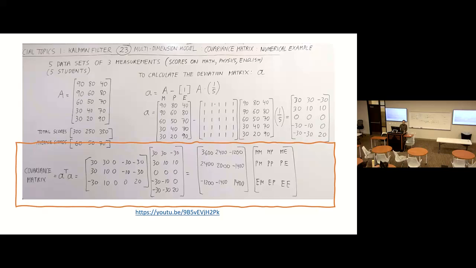So A is centralized because you subtract its mean in those steps. Then you transpose your matrix and do a dot product between elements. Then you get a covariance matrix. Very easy to compute. You have a data matrix, centralize it, and transpose and dot product by itself. Immediately you get a covariance matrix.